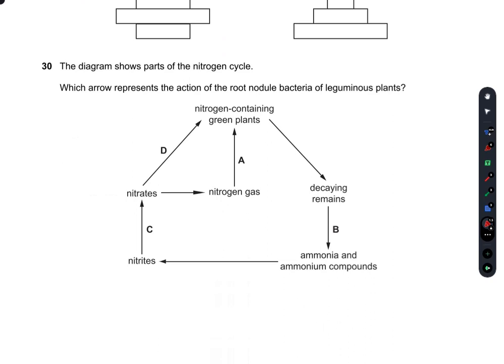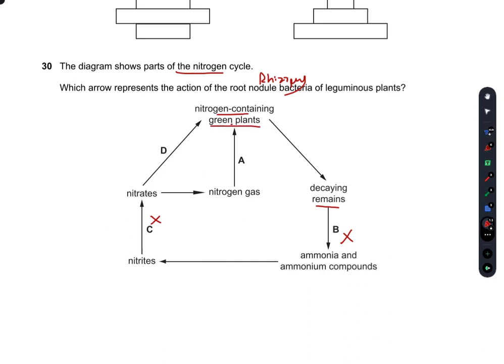The diagram shows parts of the nitrogen cycle. Which arrow represents the action of root nodule bacteria of the leguminous plant? So this bacteria's name is rhizobium. If we check this, the nitrogen-containing green plants' decaying remains are acted on by ammonifying bacteria, then nitrites, done by nitrifying bacteria, and nitrates are absorbed and assimilated by green plants.